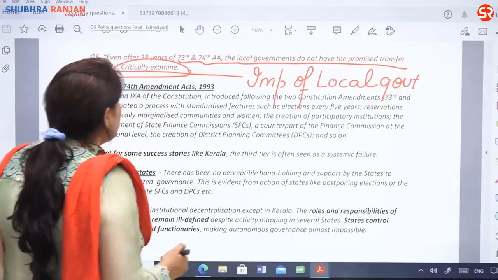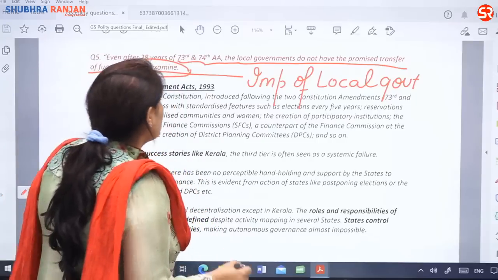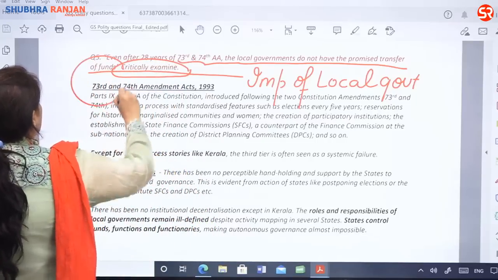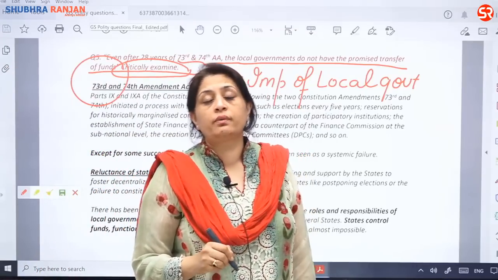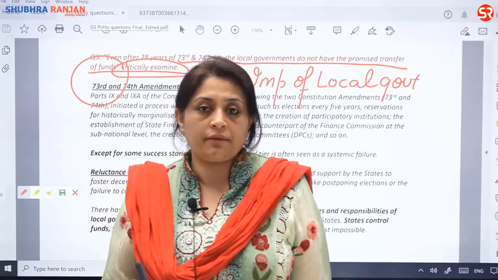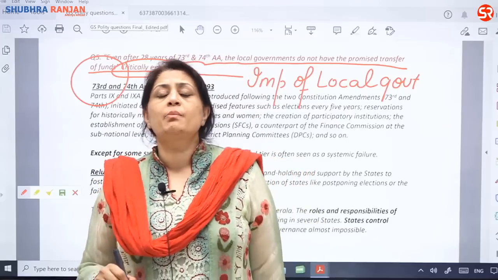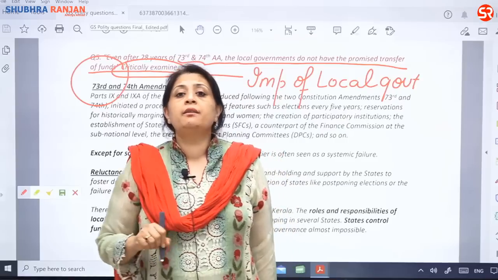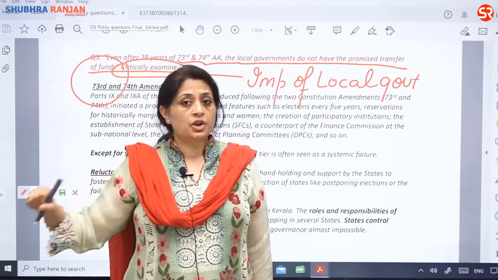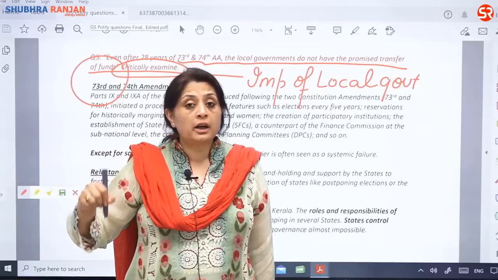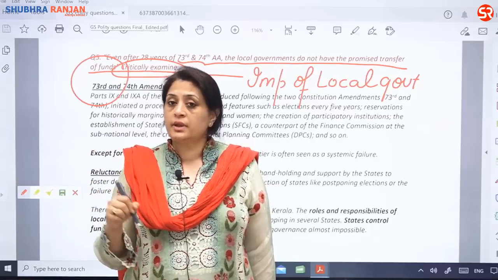Now the question is on the transfer of funds. So you have to write the importance of the transfer of funds. For any government to function effectively, it should have clear functions or powers: funds, functions and functionaries.